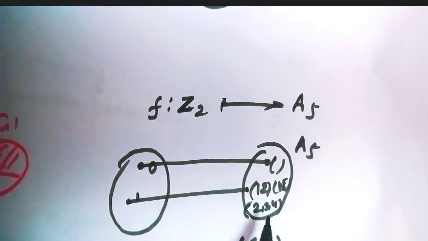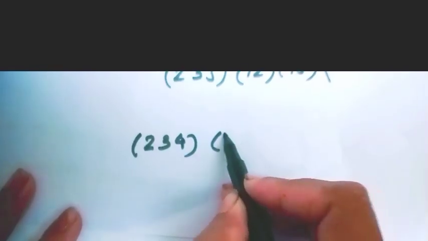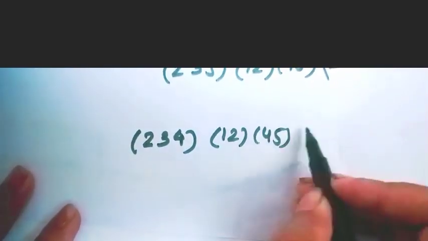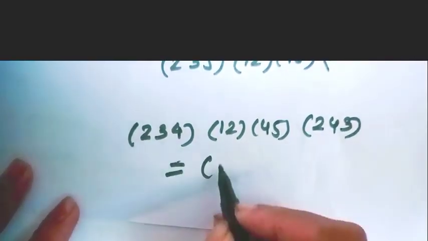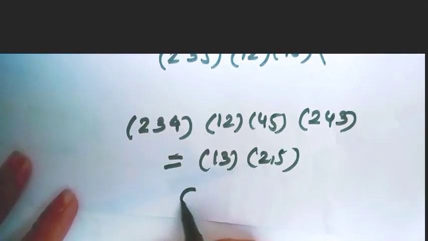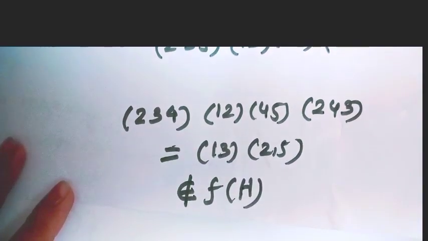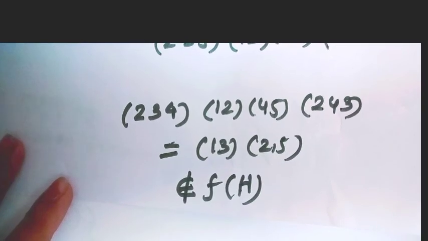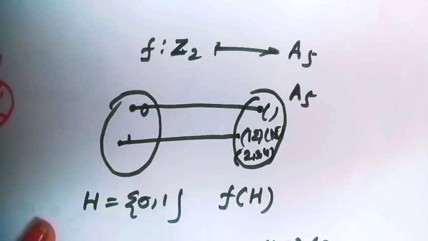But now check, is it conjugate to this cycle? (2 3 4) conjugated with (1 4)(2 5), with the inverse being (2 4 3), the value equals (1 3)(2 5), and this is not a member of the image f of A. So f of A is not a normal subgroup, so this homomorphism cannot exist. Are you getting it? After knowing these properties, how can you find any homomorphism?